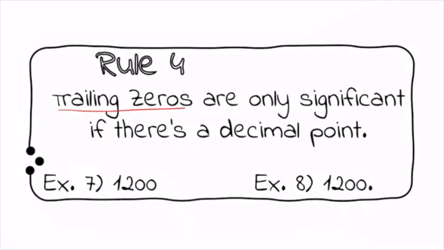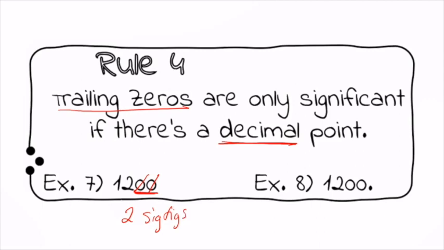Trailing zeros are significant only if there's a decimal point. So the first example, number 7, we have 2 trailing zeros, but we don't have a decimal point, so these are just there for place value. They are not significant. So we have 2 significant figures in this number.